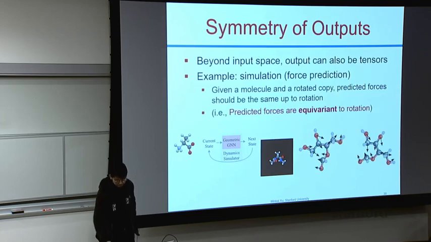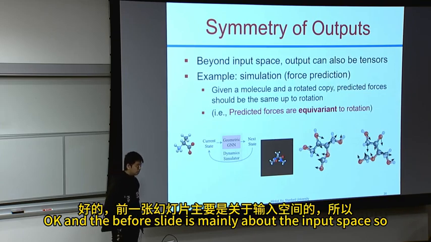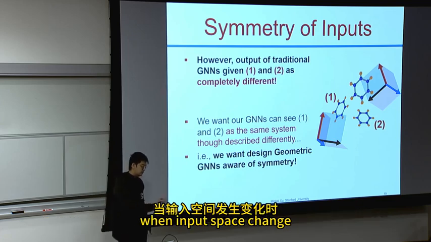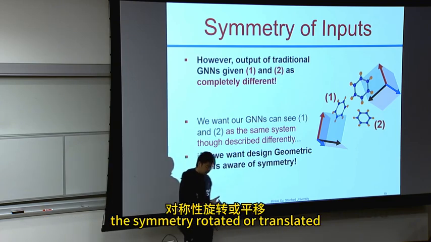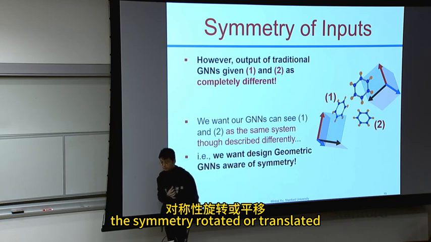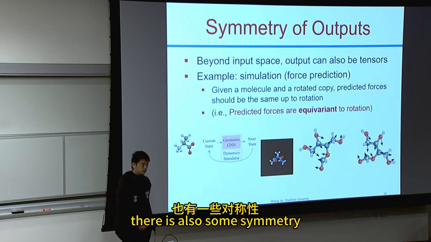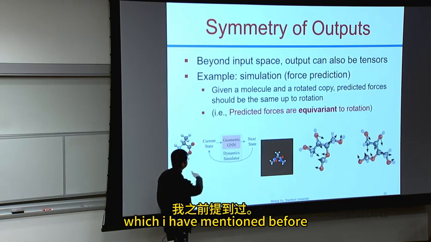Okay, and the previous slide is mainly about the input space. So when the input space changes by symmetry, rotated or translated, we want to make the prediction still the same. But for the output space, there is also some symmetry, which I have mentioned before.